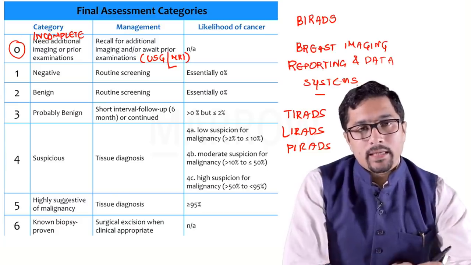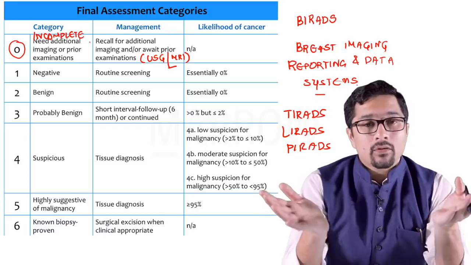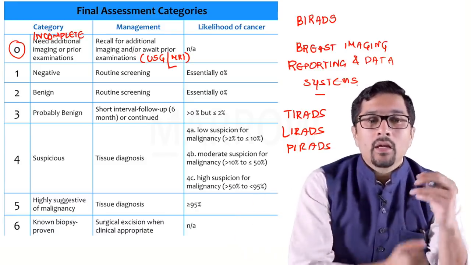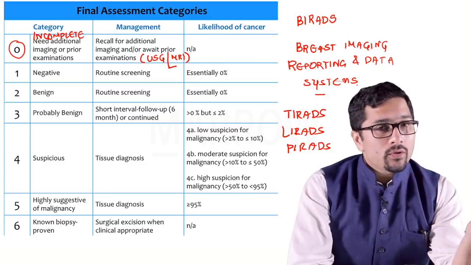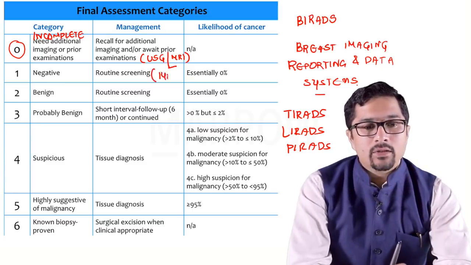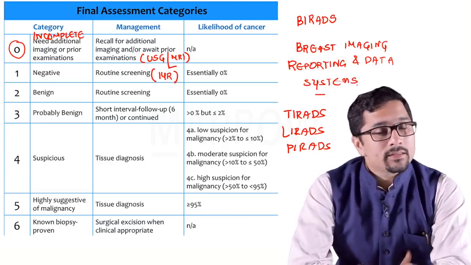BI-RADS 1 is negative. That means everything is normal. There's nothing wrong in the mammogram or the ultrasound. Okay. So you call the patient back after 1 year. Routine screening means you call the patient back after 1 year and the likelihood of cancer is 0.